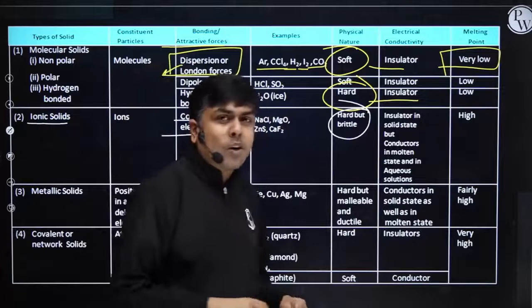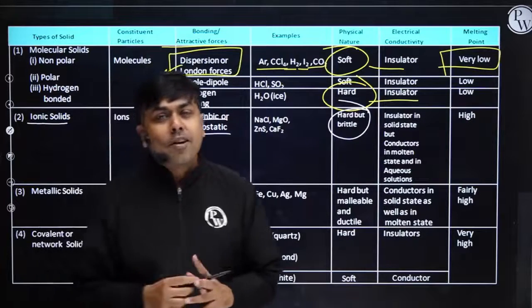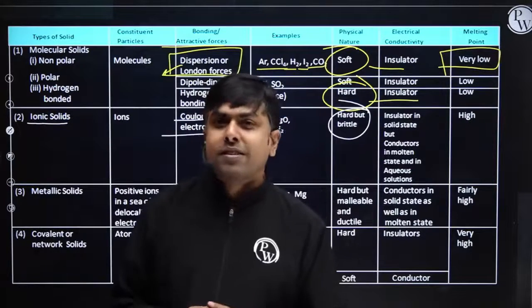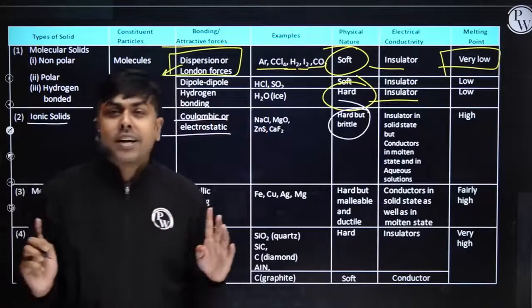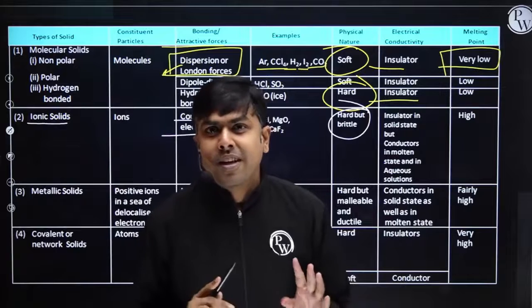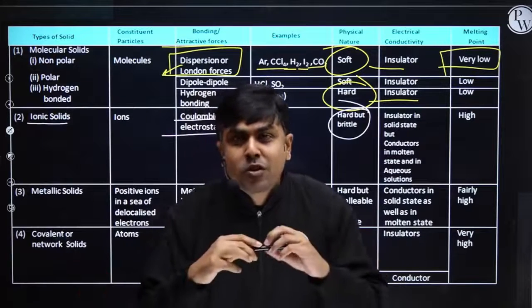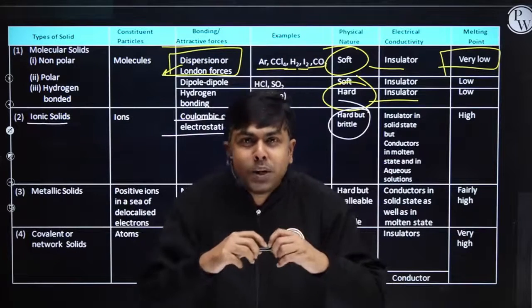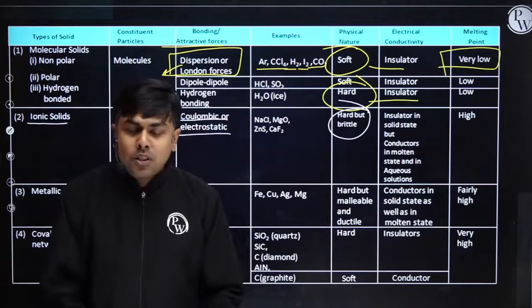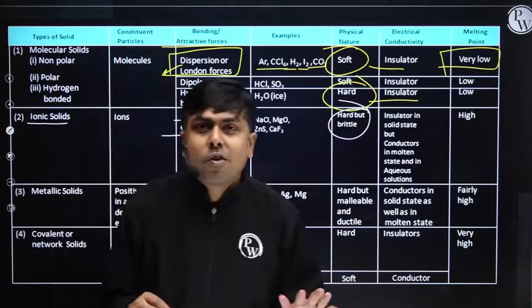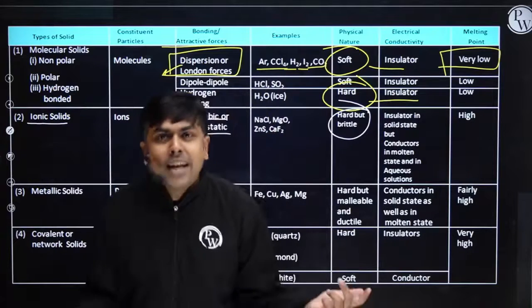Okay. If I talk about the conductivity of the ionic solids, students, if not in molten state, then they won't conduct electricity, because in the solid state, the constituent ions will be held together by strong electrostatic force of attraction. So there won't be movement of free electrons. There won't be movement of ions, right?